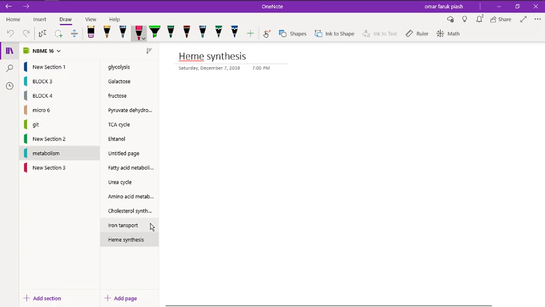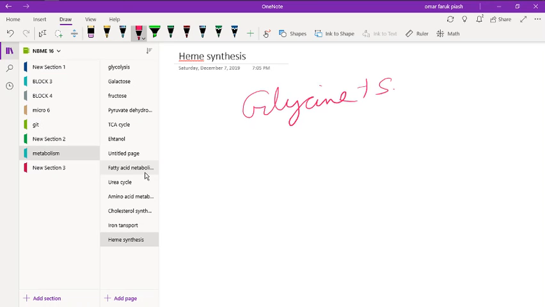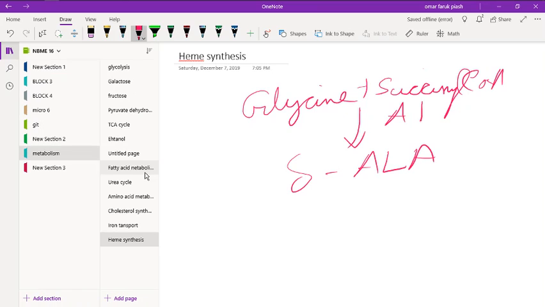Okay, now I would like to talk about heme synthesis. In heme synthesis, what you have to remember is that glycine plus succinyl CoA is converted into delta aminolevulinic acid with the help of aminolevulinic acid synthase.